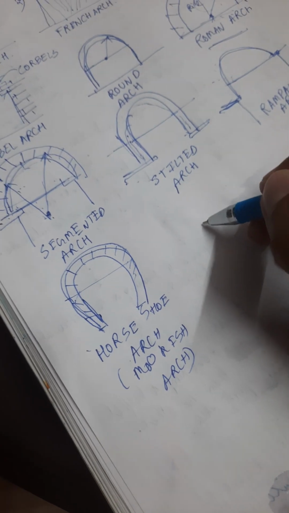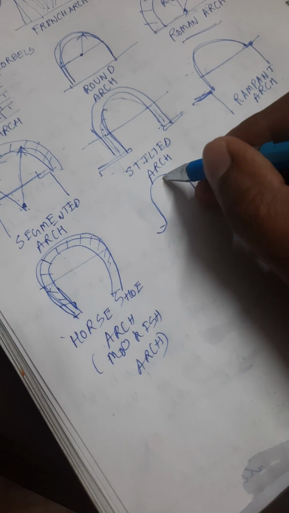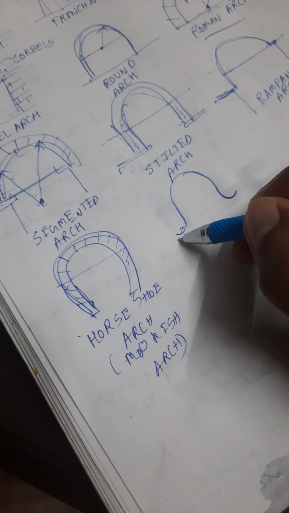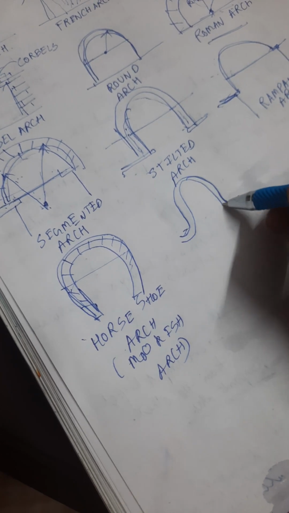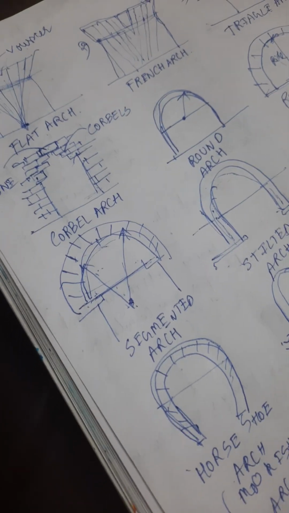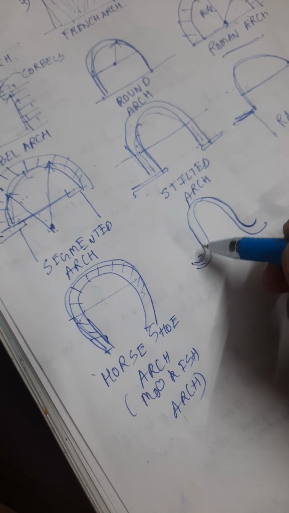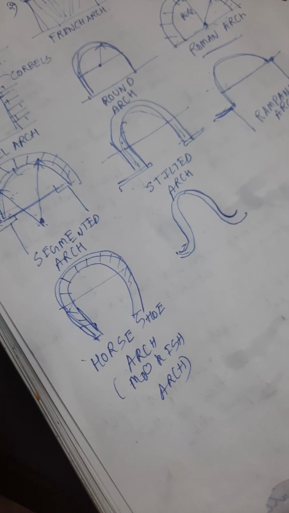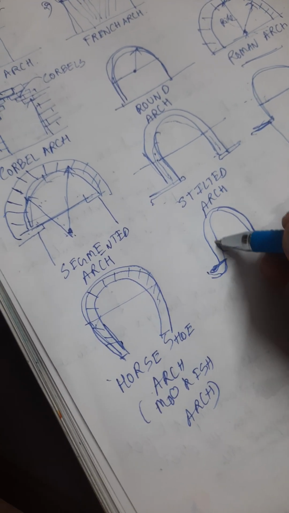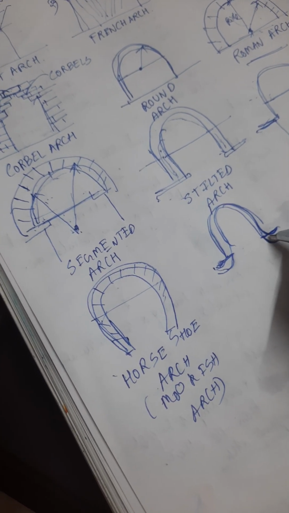One more type of arch is there. See, this is also as per the name only. This is like a bell shape. So this arch is also in terms of bell shape. So here, in the bell arch, this is a normal semicircle only, but the supports, the supporting corbels, are there.